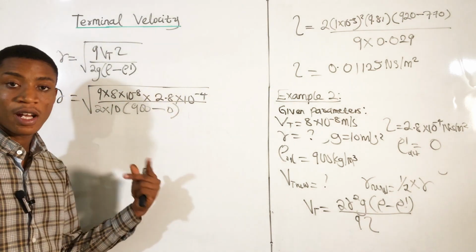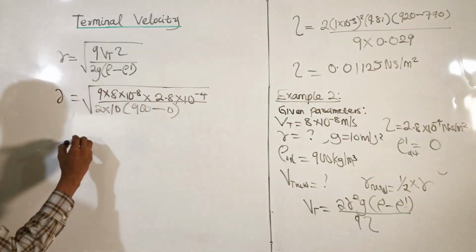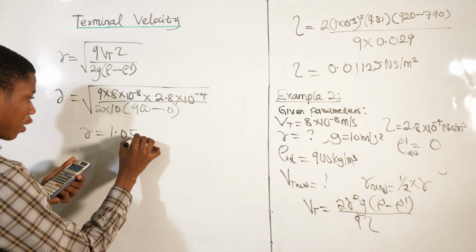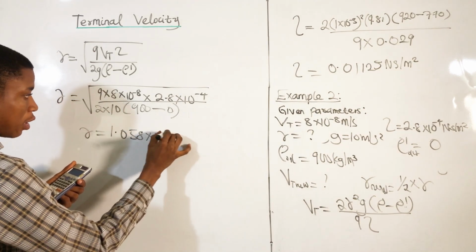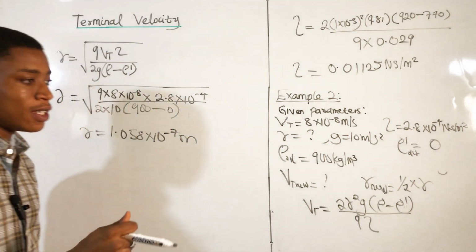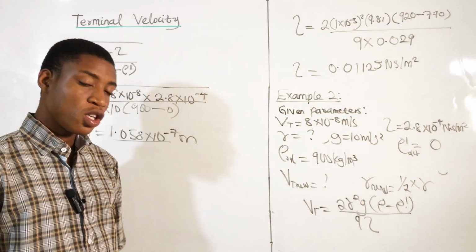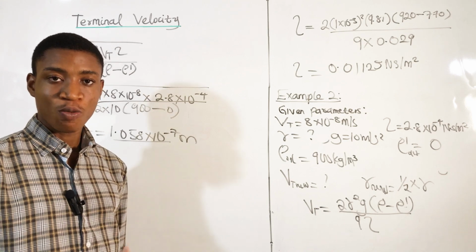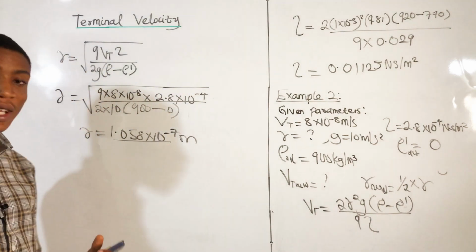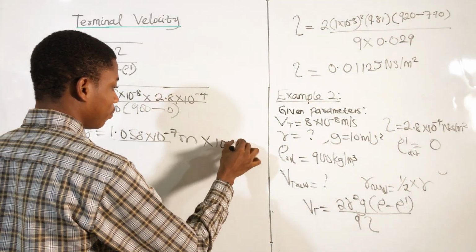So let's punch this and get the value. If we punch this, we have the radius of the oil as 1.058 times 10 raised to the power negative 7 meters. But the question says we should calculate the radius of the ball in millimeters. Therefore, the way to do this is to convert to millimeters. Converting from meters to millimeters is the same as multiplying by 1000.